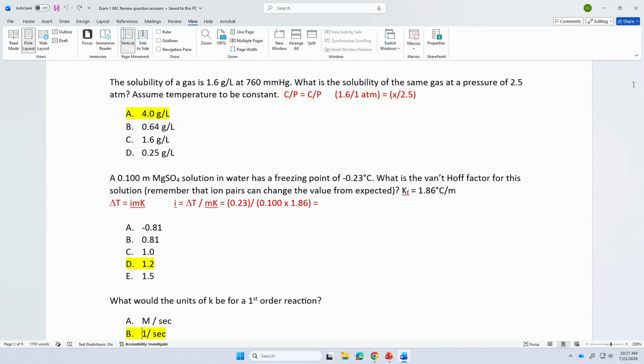That's a pretty big difference. At a 0.1 molal solution, magnesium sulfate does not dissociate very well. Anybody know what magnesium sulfate is? It's Epsom salts. If you've ever used Epsom salts, you know it doesn't dissolve very well in water.